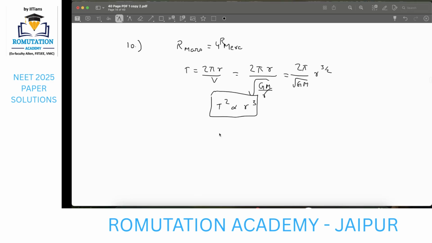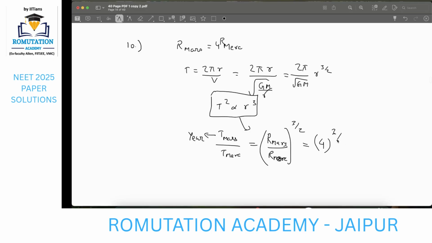If we consider such a relation, the time period, which describes the year of a planet, for Mars divided by that for Mercury will be proportional to the radius of Mars upon radius of Mercury to the power 3 by 2. I have been given that this number is 4.